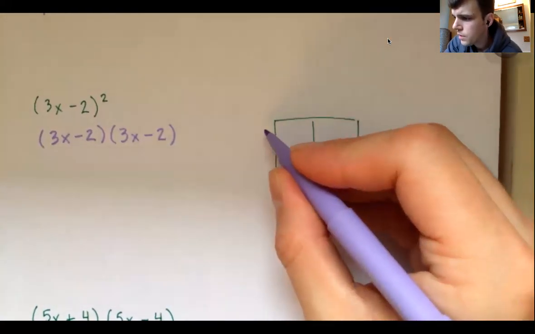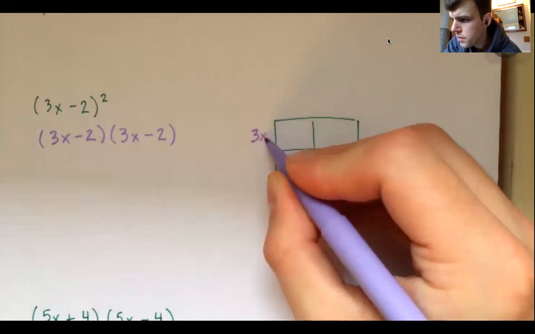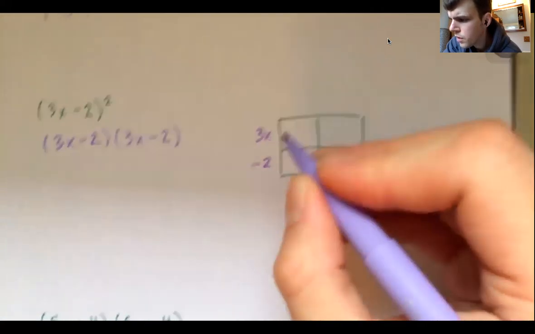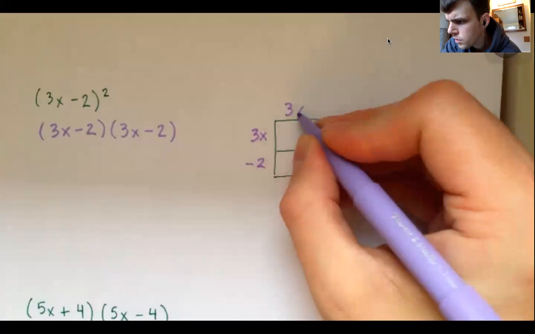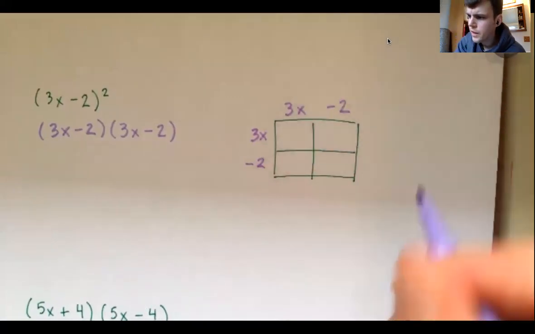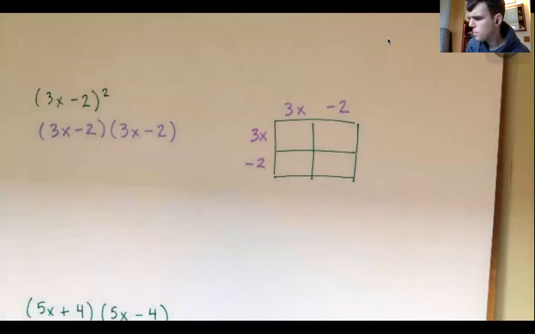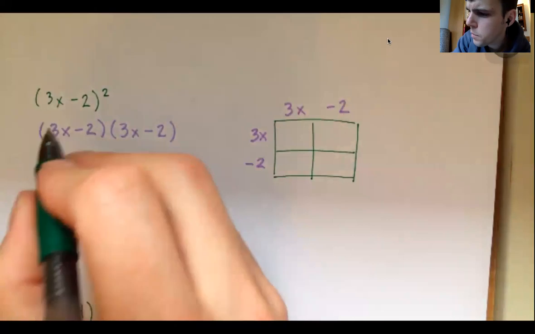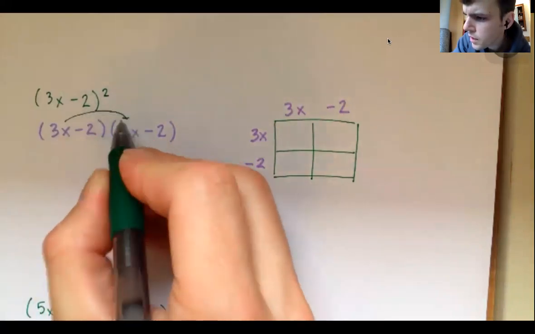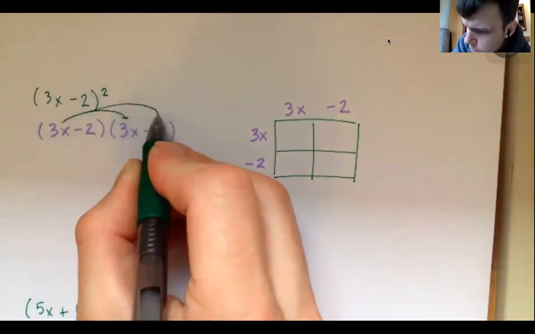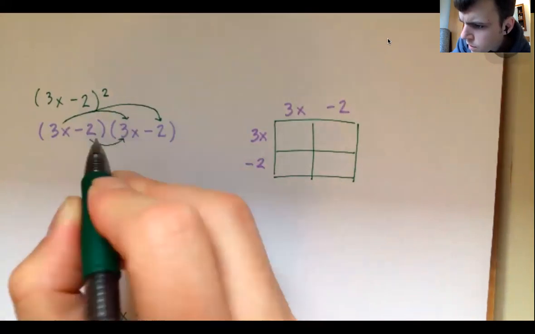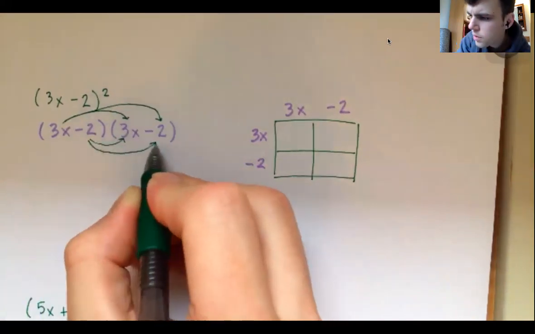Okay, so I'm going to quickly fill out the area model, 3x minus 2, 3x minus 2. I could follow this multiplication, or I could use my distributive property. I'm just going to use the distributive property. So I'm going to multiply 3x times 3x, 3x times minus 2, minus 2 times 3x, minus 2 times minus 2.